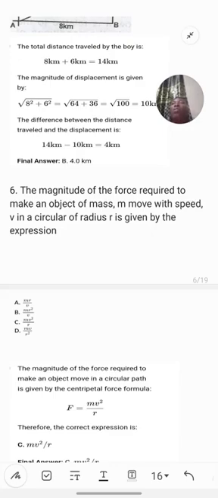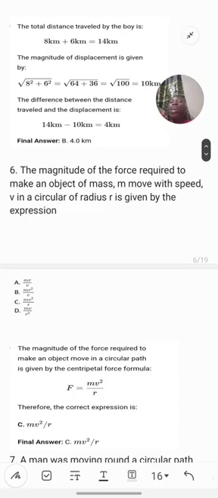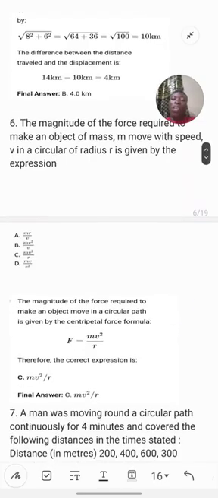The magnitude of the force that is required to make an object move in a circular path is actually the centripetal force, and the formula for centripetal force is mv squared over r. Please don't let us forget that. So that will be mass multiplied by v squared, which is the speed squared. Then we are going to have it over the radius.